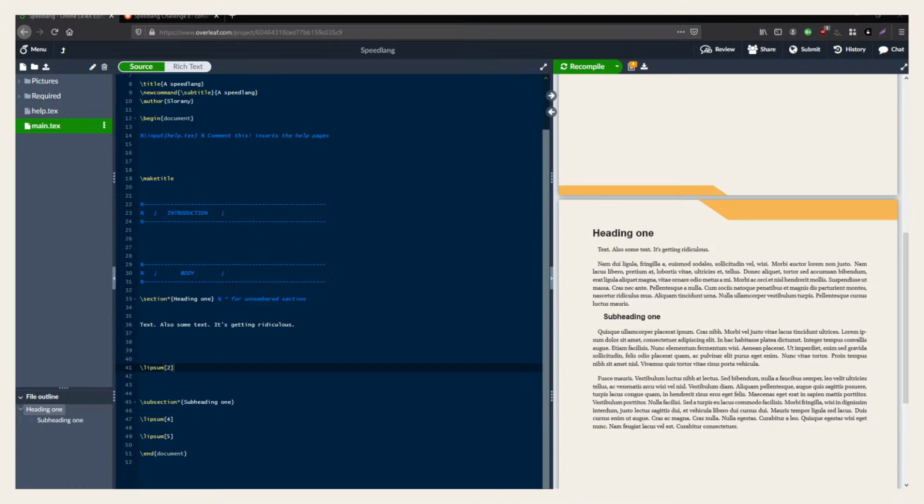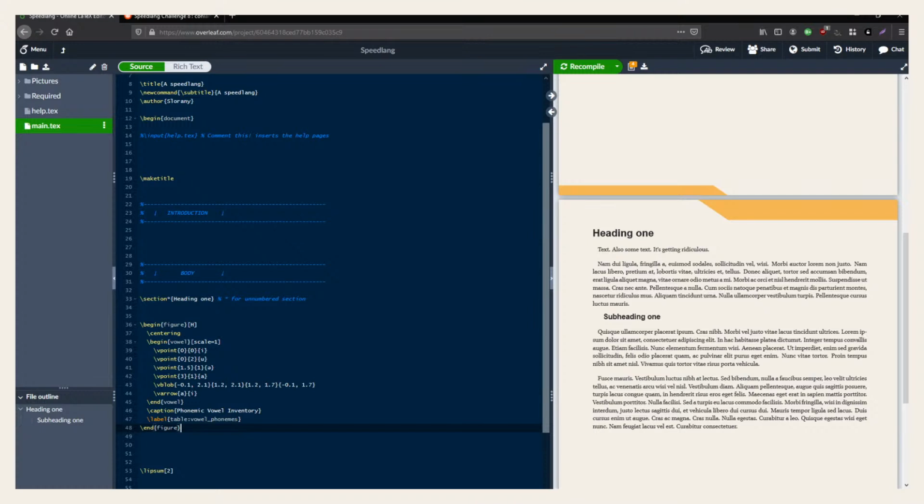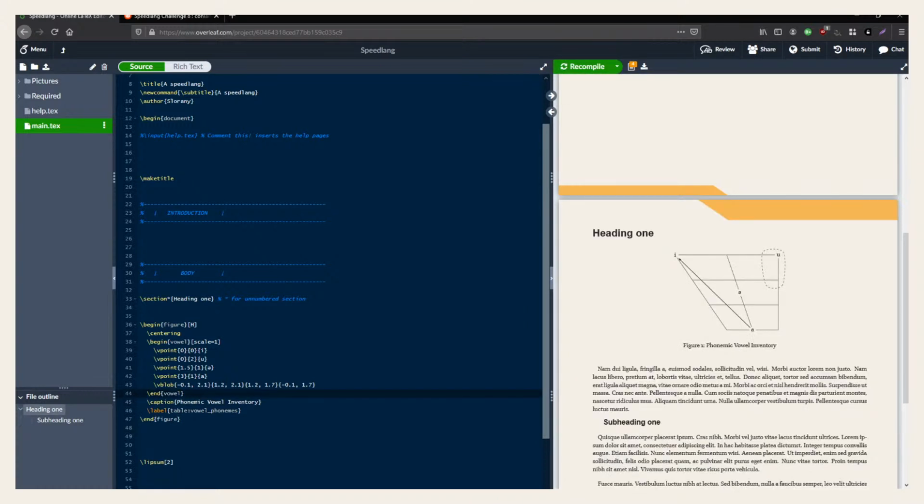So let's see. If I want a vowel chart, I'll just copy my own code. So let's just pick a random system. So let's get rid of that because I don't need it. I'm going to get rid of the blob.